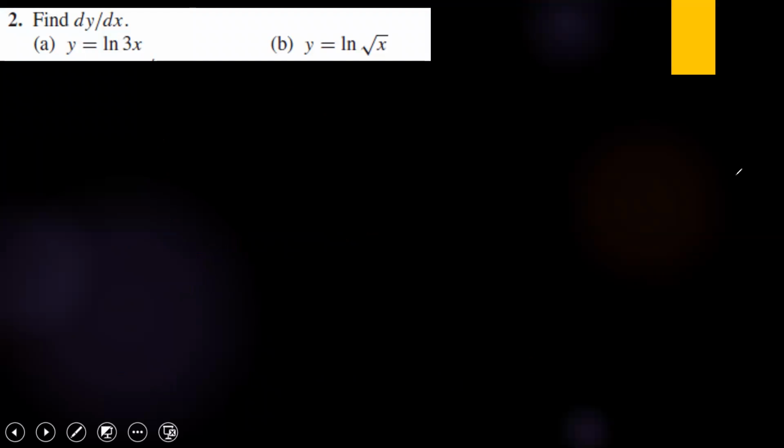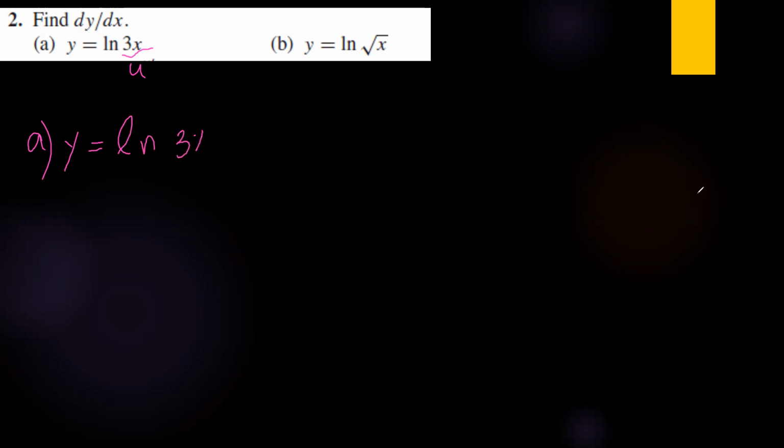Let's have some examples here. Y equals ln 3x. So first step, this is u. I told you, if you have ln of u, it's 1 over u du over dx. So in A here, this is u, so its derivative will be 1 over 3x times the derivative.